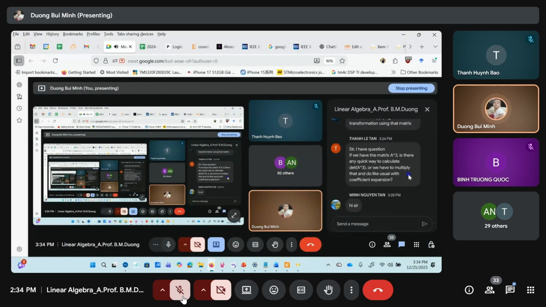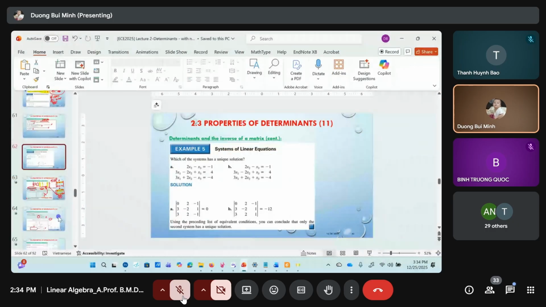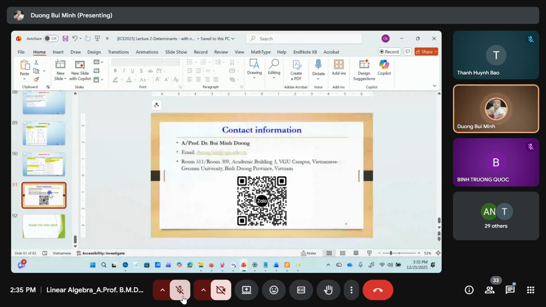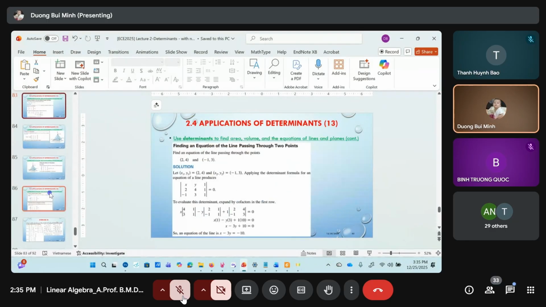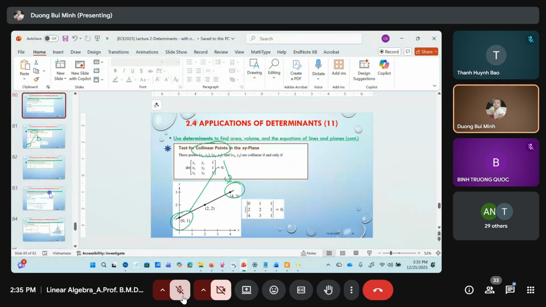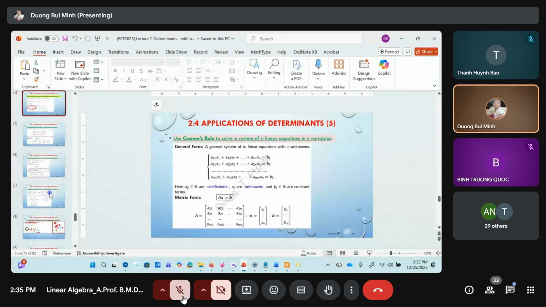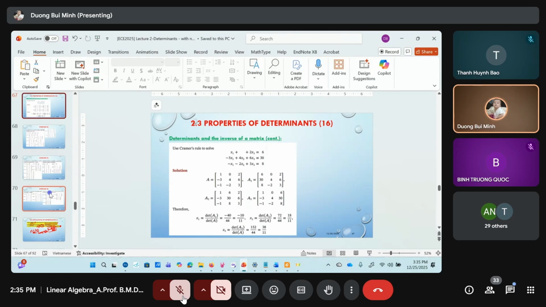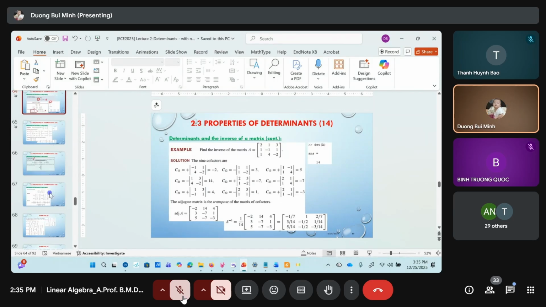How about for other students, any questions? In a way we also calculate the determinant of A, and then we take it to the power of 3.